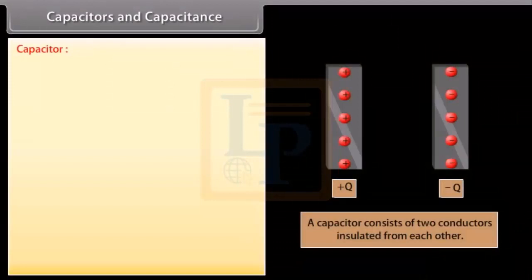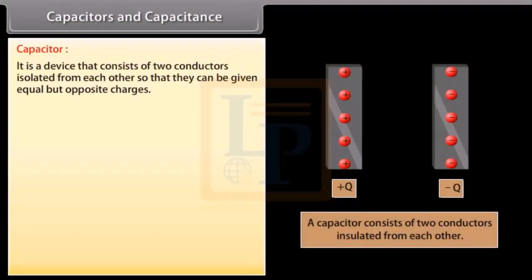Capacitors and capacitance. Capacitor. It is a device that consists of two conductors isolated from each other so that they can be given equal but opposite charges.